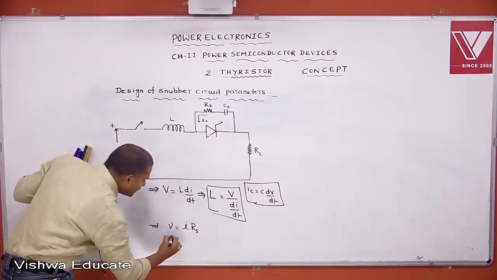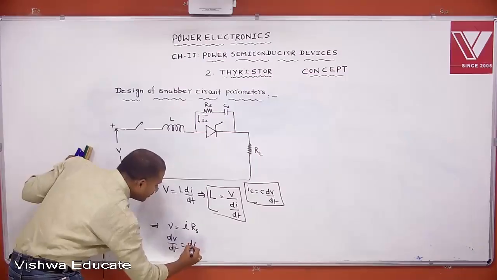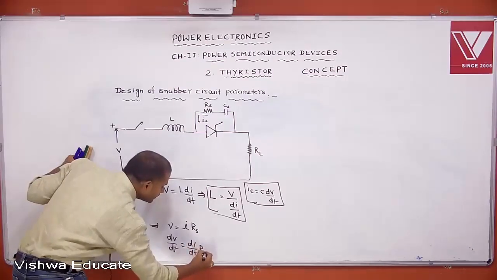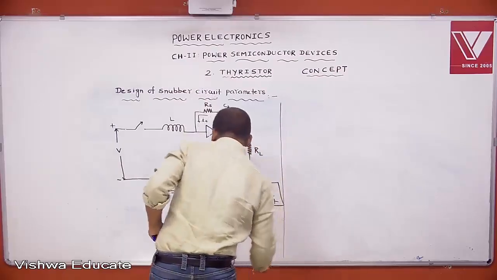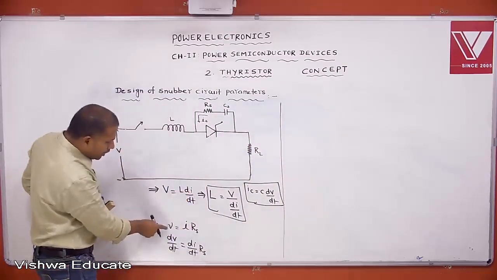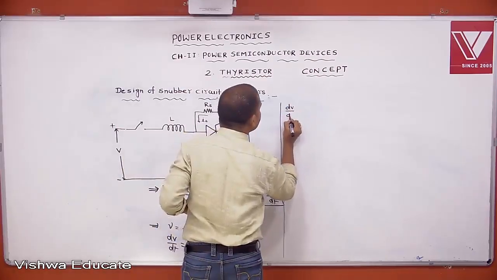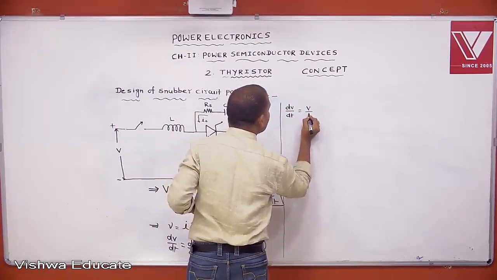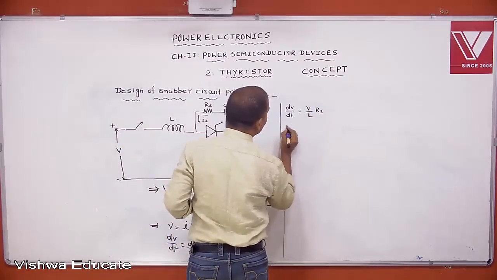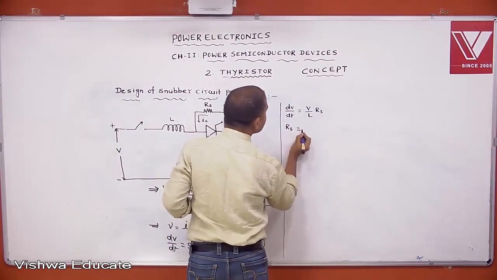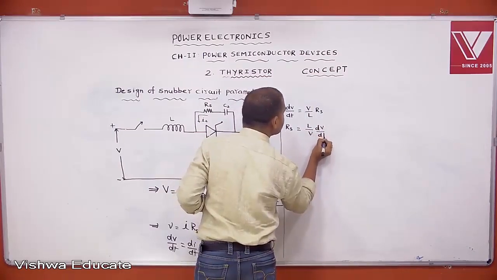Differentiating both sides, dV by dt equal to di by dt into Rs. Since di by dt equal to V by L, dV by dt equals V by L into Rs.